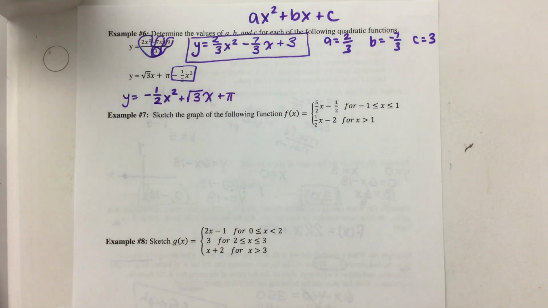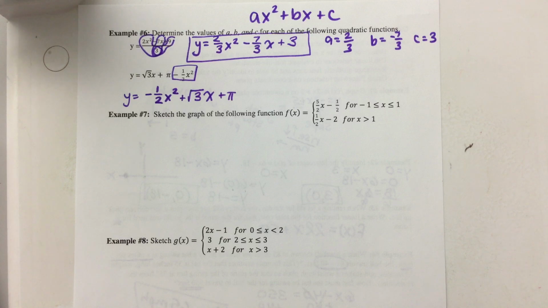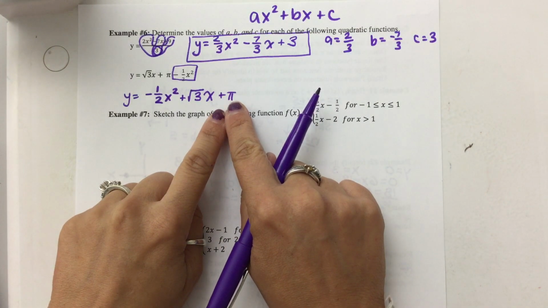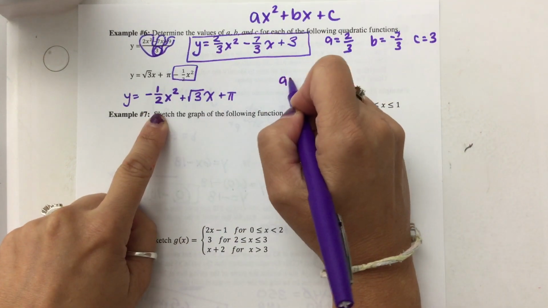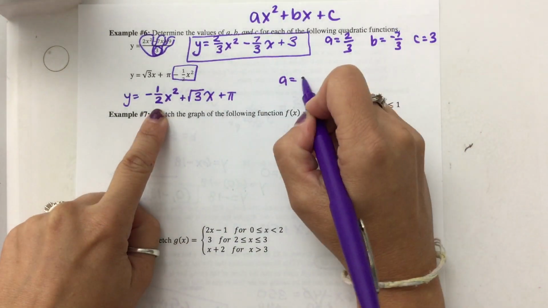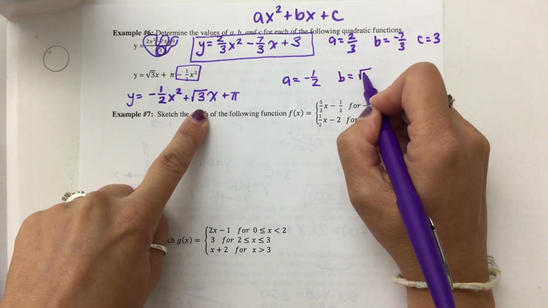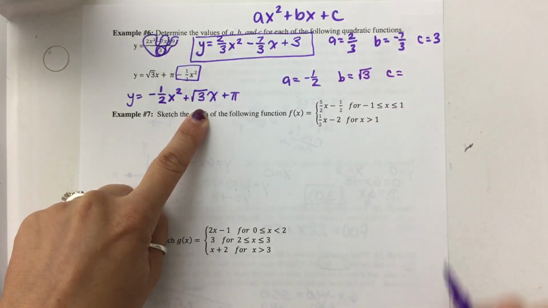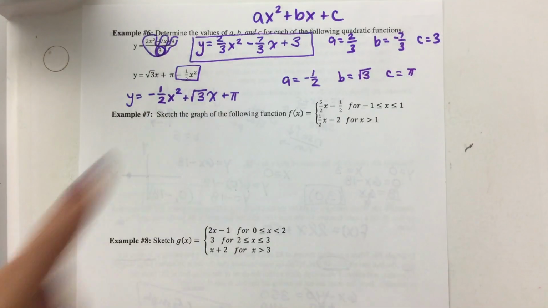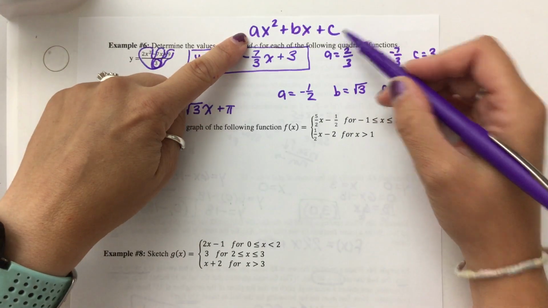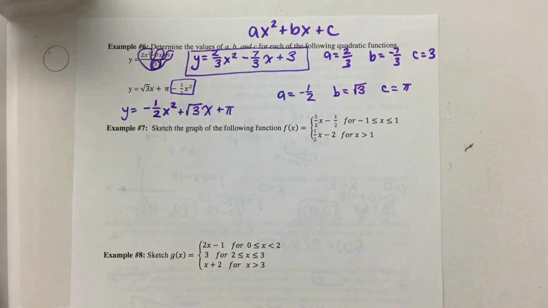Remember, pi is a number. It's 3.14159, and you keep going and going. This is not a variable. It is a number. So my A, what is the number in front of x squared? Well, it's -1/2. B, the number in front of x, square root of 3. C, the number at the end, is pi. So just reminding you what that basic quadratic equation looks like, and making sure you still know how to identify what is A, what is B, what is C.